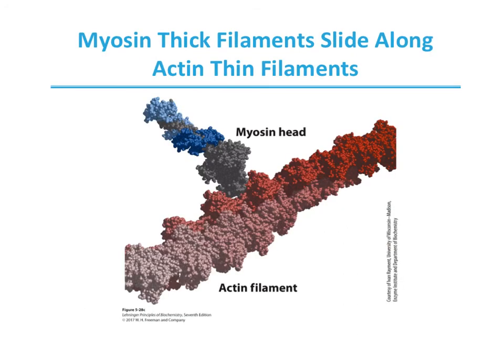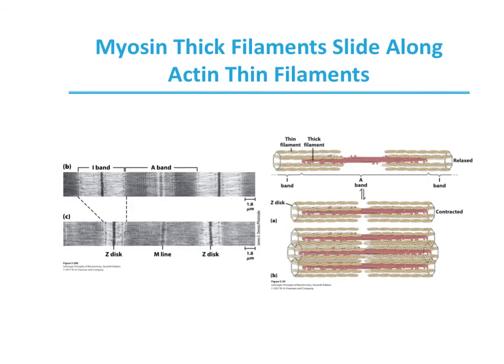This shows a space-filling model of an actin filament in shades of red, with one myosin head, shown in gray and two shades of blue, bound to an actin monomer within the filament. On the right here, we see the thin filaments, which will be composed just of actin, and the thick filament here in the center. So notice here that the I band is just going to be composed of the thin filament.